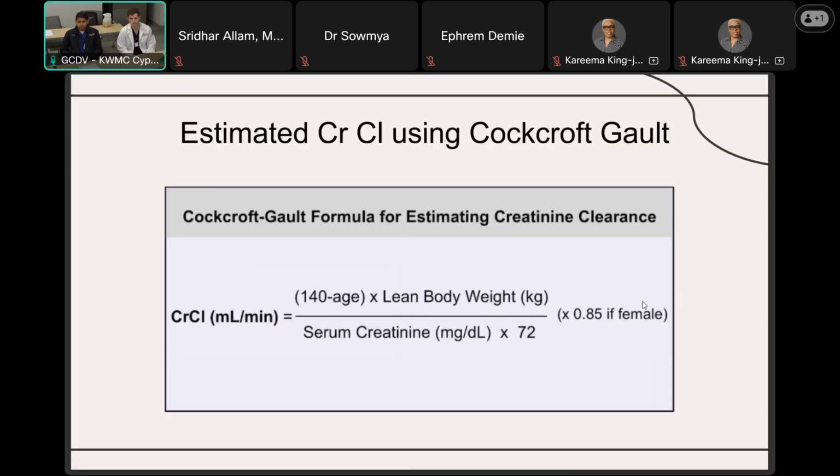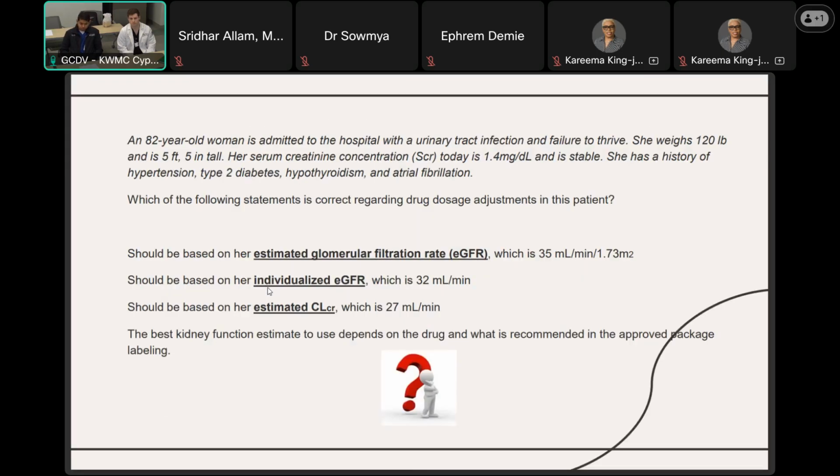And then we use a factor for gender, which basically gives you an estimate of GFR using creatinine clearance. So the question is, we have too many measures of kidney function here: estimated GFR, individualized estimated GFR, creatinine clearance. Which one should be used?